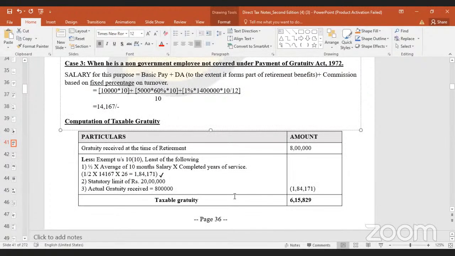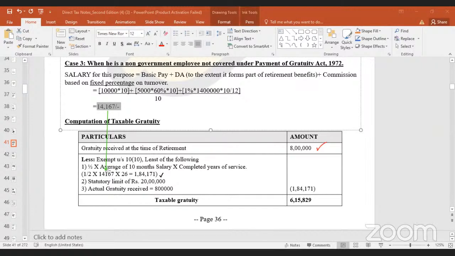So when you compute an average of 10 months' salary, you will get it as 14,167. Okay. Next one, gratuity received at the time of retirement, same concept, 8 lakh over here. Half into average of 10 months' salary. The 10 months' salary we have computed, the same figure is going to be brought forward, that's 14,167, into how many years of service?